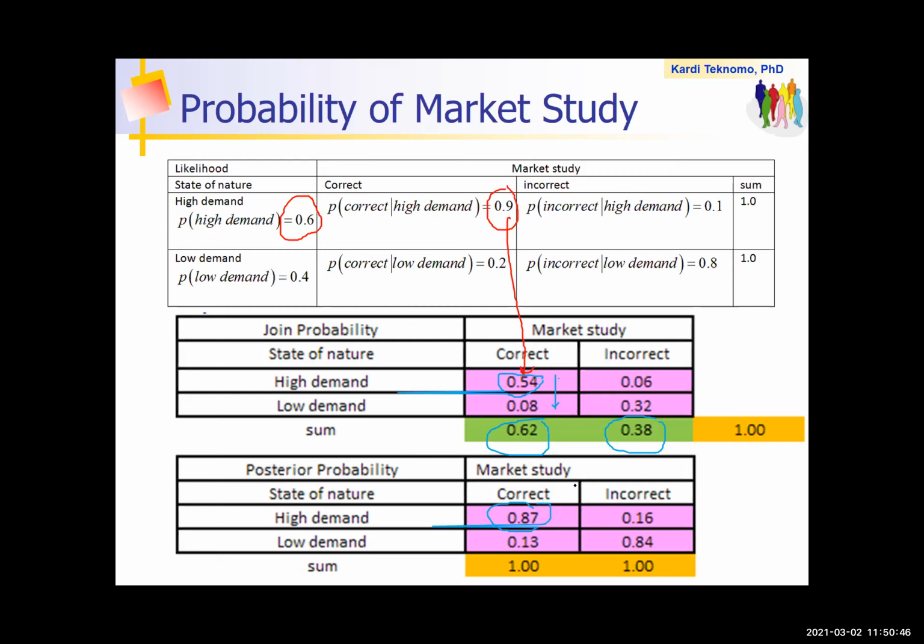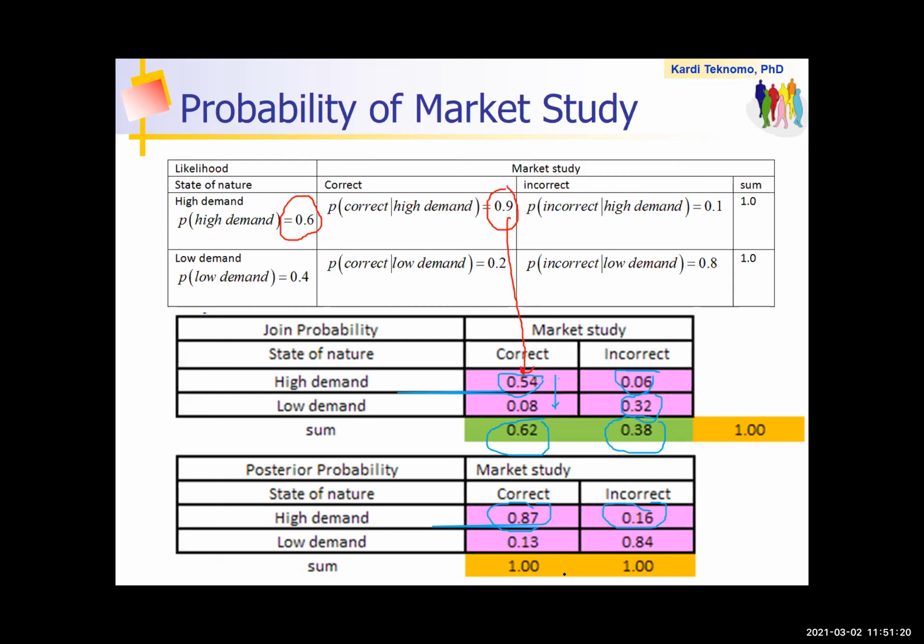Can you calculate this or not? Similarly, in here, you have 0.06 plus 0.32, it becomes 0.38, right? Then you divide 0.06 by 0.38, you get 0.16. So by doing so, the sum in each column here is 1.